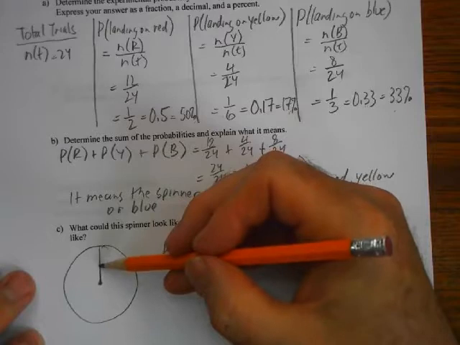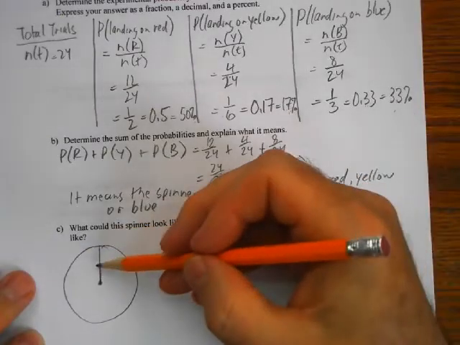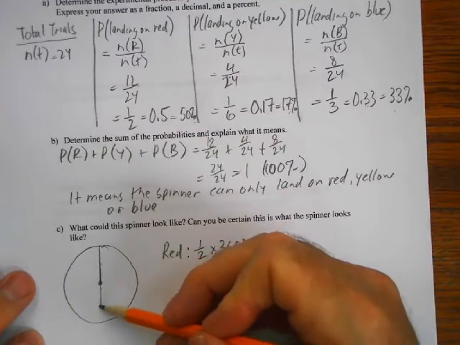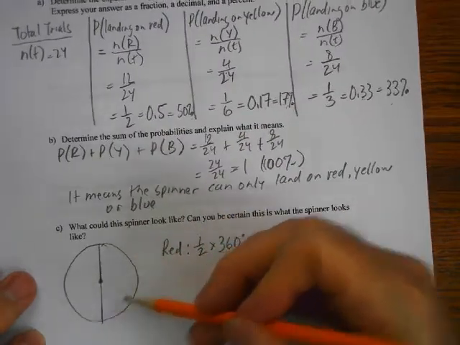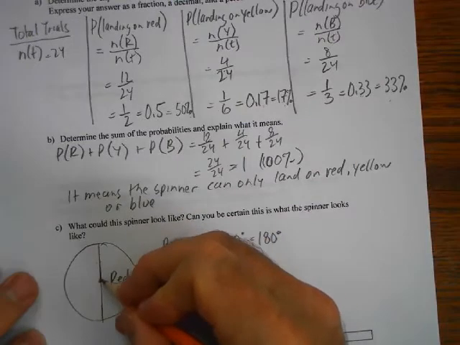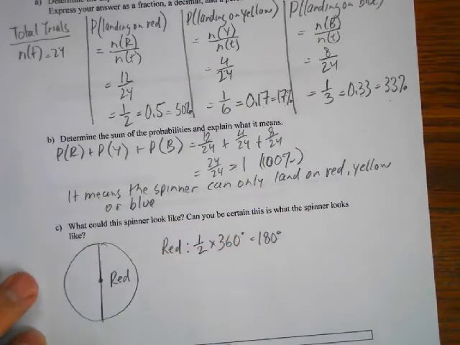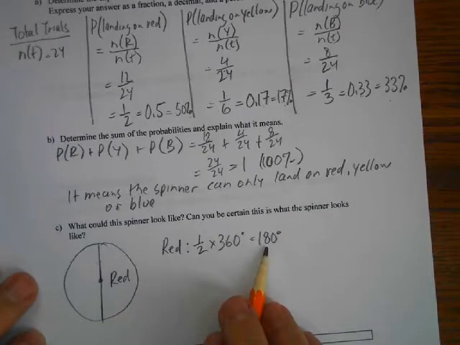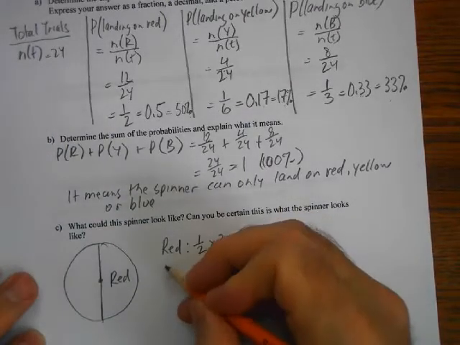So basically I start here and I'm going to go clockwise. 180 degrees means it's basically a straight line. So this section here would be red. It takes up half the circle, so that confirms our calculation here. Okay, so what about yellow?